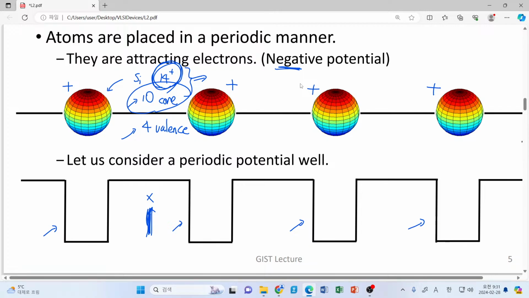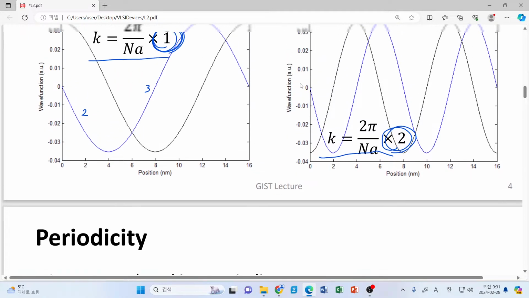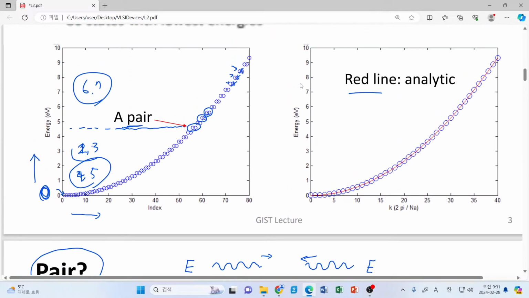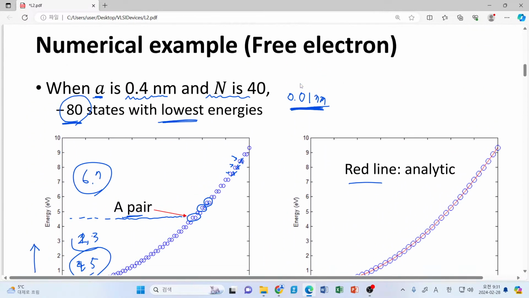Now let's introduce this kind of potential trap into our system, but not just one single trap; we periodically place these potential traps. In our example, we are considering 40 unit cells.